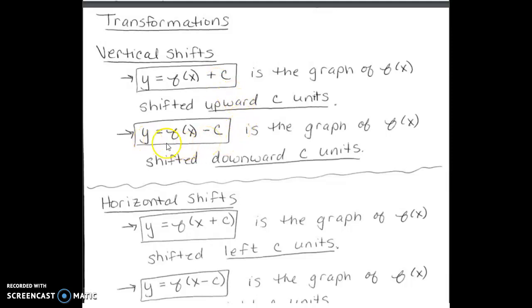Similarly, y equals f of x minus c, so subtracting a number outside of the function, will represent the graph of f of x, whatever that may look like, shifted downward c units. So when you add or subtract outside of the function with a constant, it moves the graph up or down.